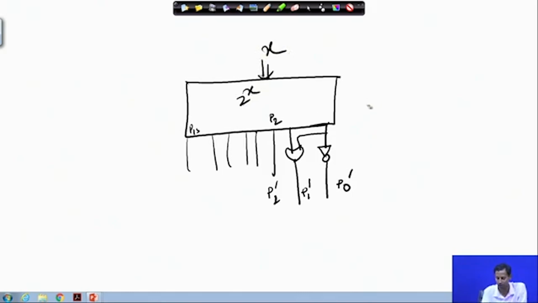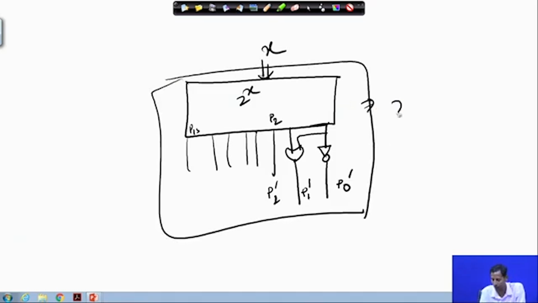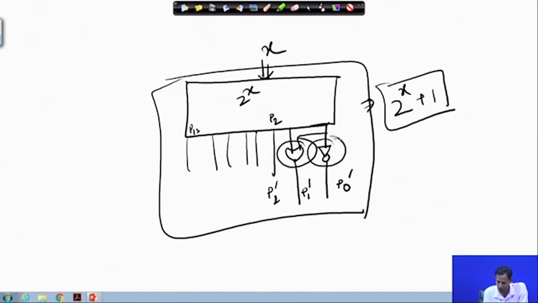So, this circuit is basically nothing but your 2 to the power x plus 1. So, only in these 2 particular bit positions I have the change to make it 2 to the power x plus 1.